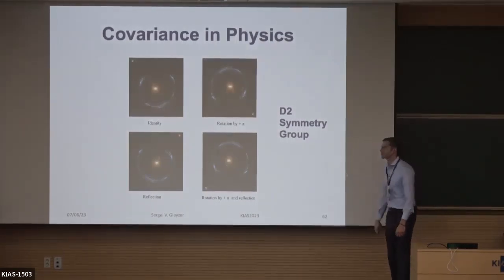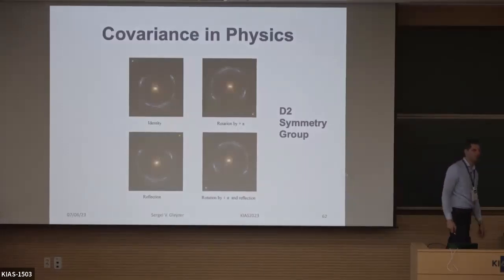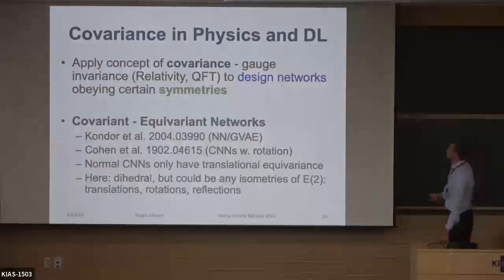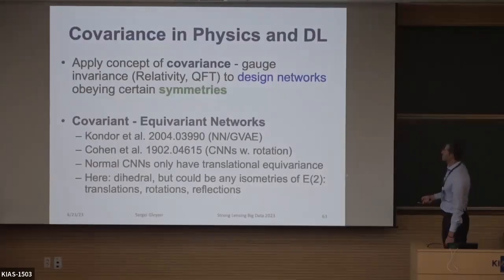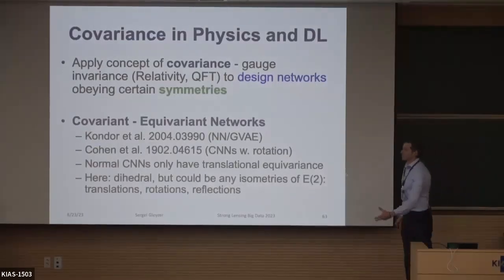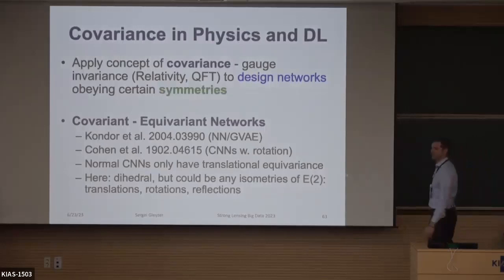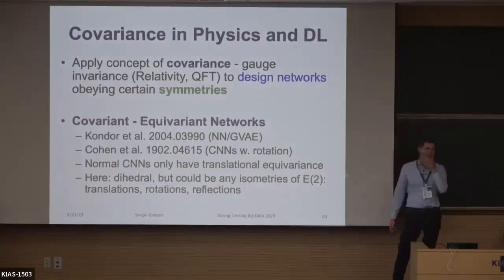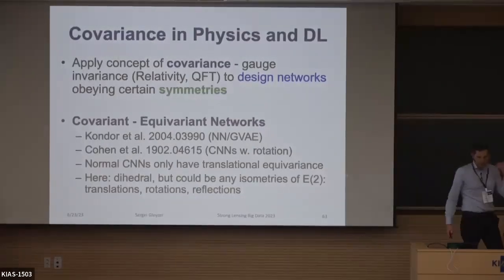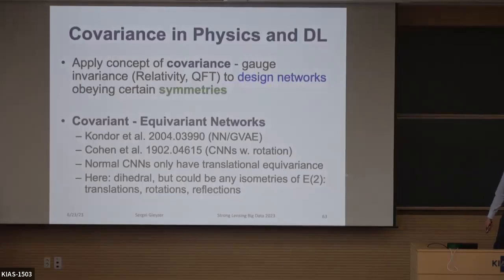There are different symmetry groups. This happens to be one of such symmetry groups, D2, right? And so the question you can ask is, in deep learning, you can actually use this concept of covariance or gauge invariance, which we're all familiar with from relativity and quantum field theory, to design networks that are naturally going to obey a certain symmetry.